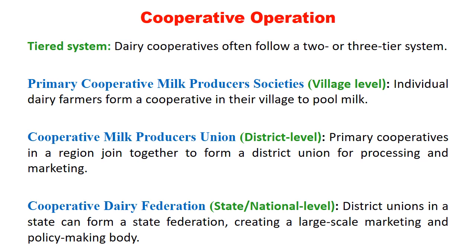Here primary cooperatives in a region join together to form a district union for processing and marketing. And then the tertiary level, that is at the state level, the cooperative dairy federation, or sometimes even a dairy federation at national level combining all state federations. So here district unions in a state can form a state federation, creating a large scale marketing and policy making body.